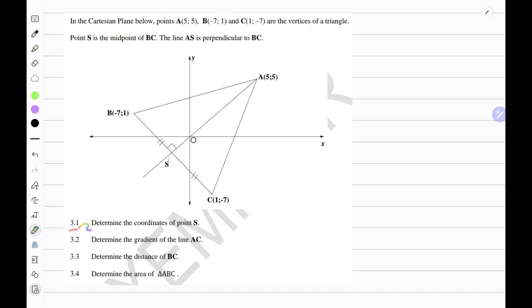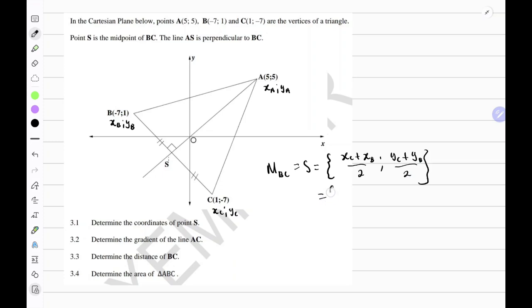The first question says determine the coordinates of point S. Seeing that S is the midpoint of BC, we need to apply the midpoint formula. So the midpoint of BC, which is S, is (XC plus XB over 2, YC plus YB over 2).